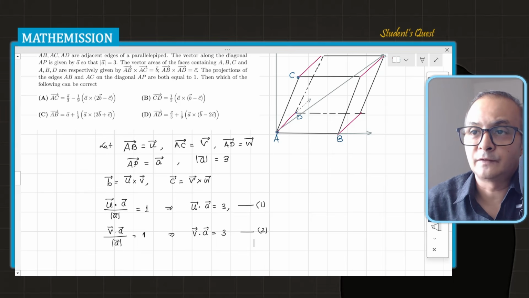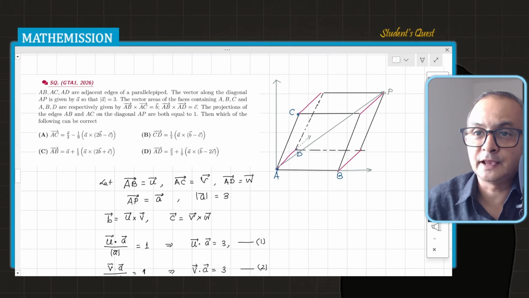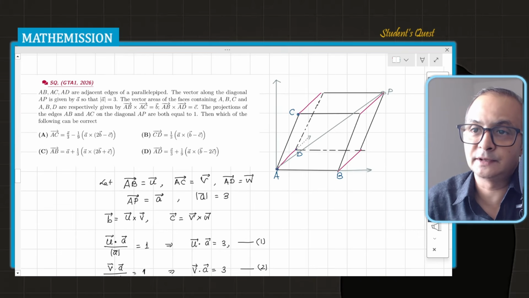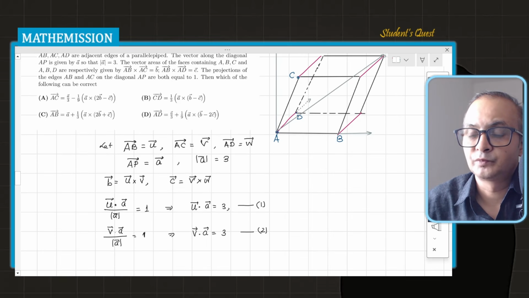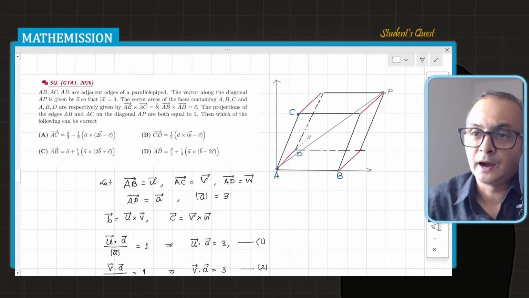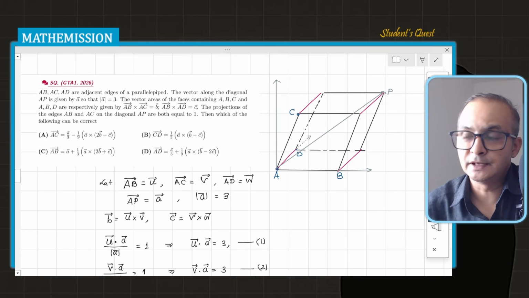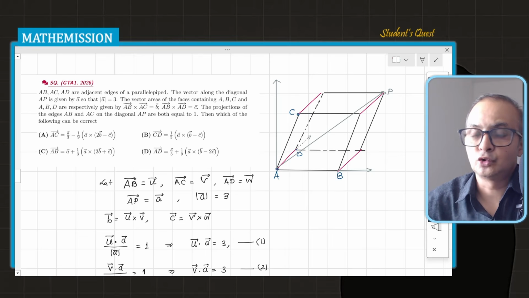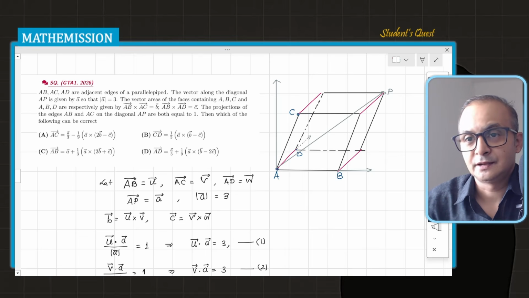Now, after this, what they're asking is AB, AC, CD, and AD in terms of these vectors. Now, how do we use all these area vectors and the A vector, the diagonal vector, to write the sides in terms of those?